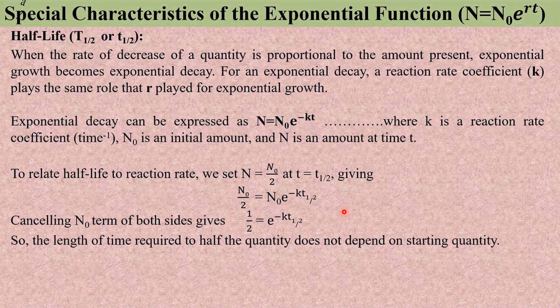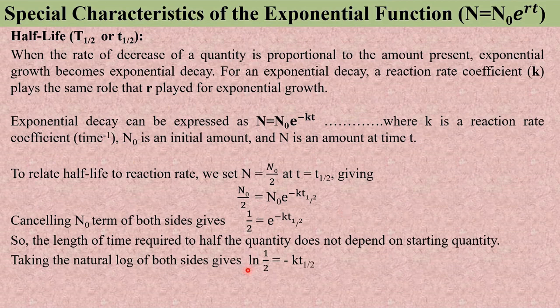By taking natural log of both sides, it gives ln half is equal to minus k t half. So we will find t half is equal to ln 2 by k, that is 0.693 by k.